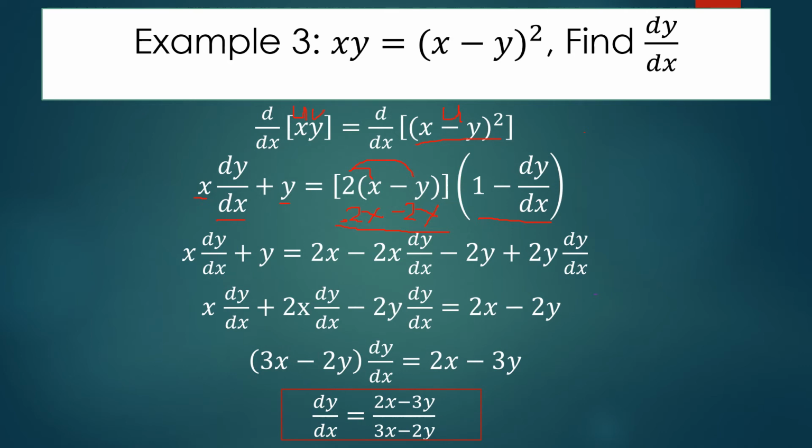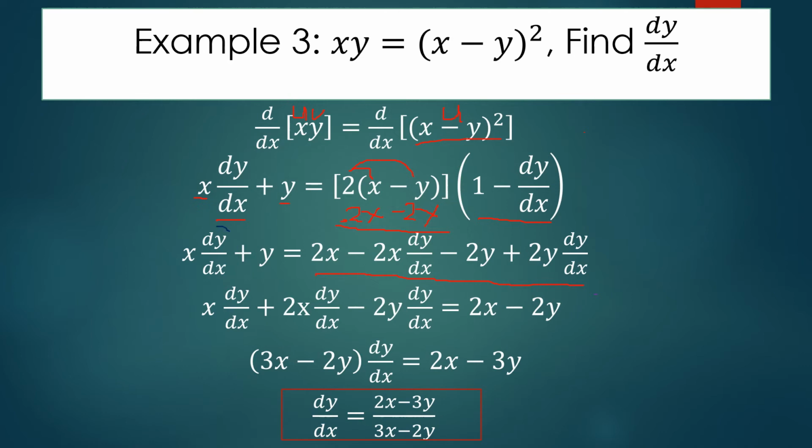So we will use the FOIL method. Okay, so makukuha natin ay we have 2x minus 2x dy over dx minus 2y plus 2y dy over dx. Okay, so ang next na gagawin natin ay pagsama-samahin natin yung mga term na merong dy over dx.